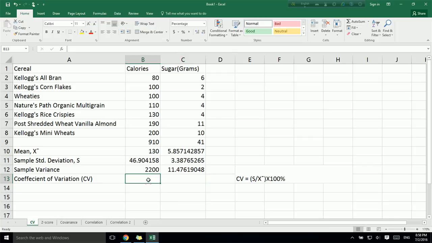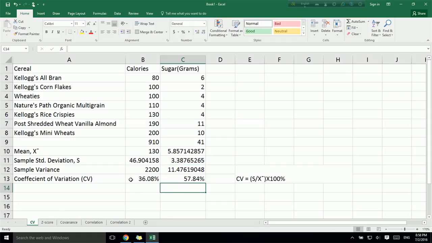I'm going to type equal sign, select the standard deviation and divide it by the mean, enter, and the coefficient of variation for calories is 36.08%. Now for sugar, I'm going to type equal sign, select the standard deviation and divide it by the mean, enter, and it's 57.84%.